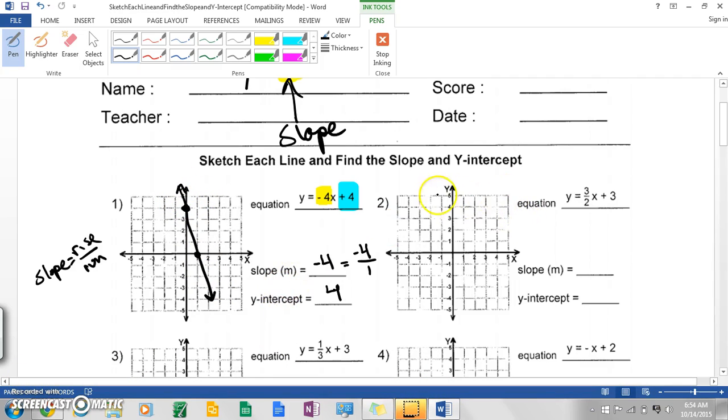So let's move to our next example. First, we're going to identify the slope. It's the number in front of our x, that 3 over 2. And then we're going to identify the y-intercept of positive 3. Similar to our last example, we're going to start at the y-intercept of 3.